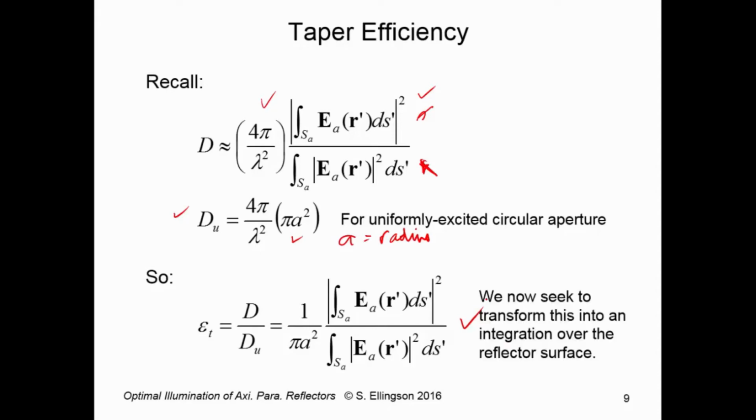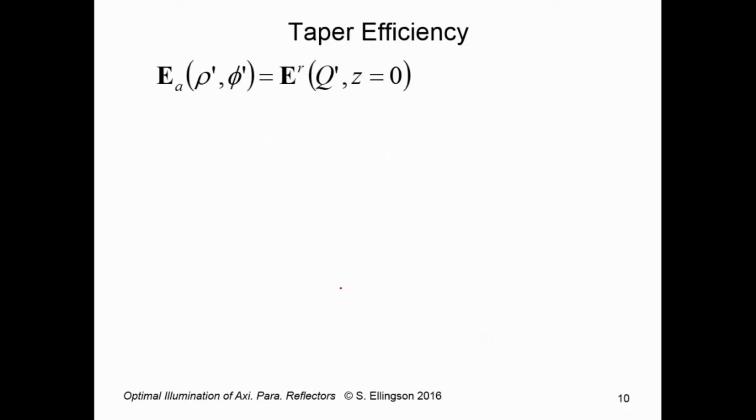Now, we seek to transform this into an integration over the reflector surface. After all, integration over the aperture is a little bit arbitrary. What we'd like to do is put this in terms of quantities that describe the reflector surface. So here's the idea. The fields in the aperture can be described as the reflected fields in the GO reflection.